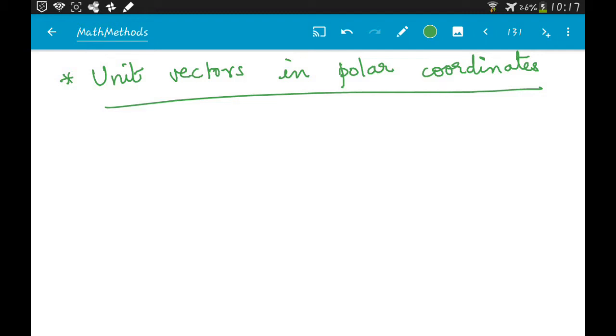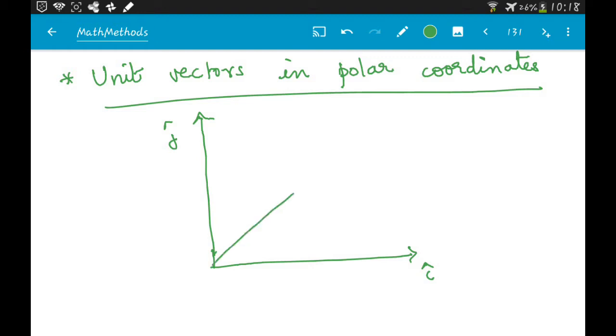First let us draw a diagram. Let's imagine this is our direction i, this is our direction j, and this is our vector. Now we want to make this into polar coordinates, so essentially we want to make it in this fashion.